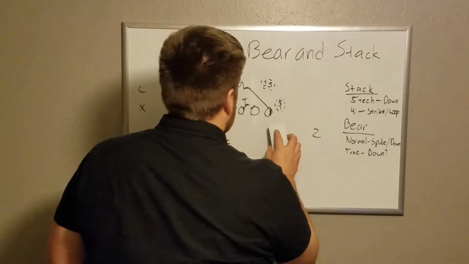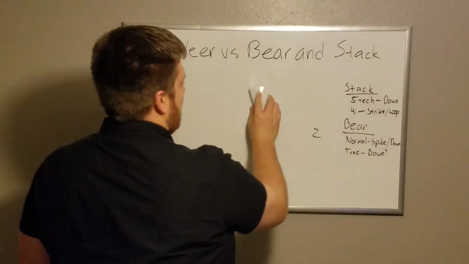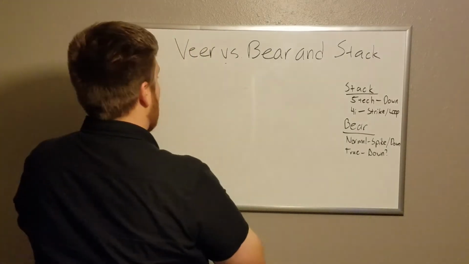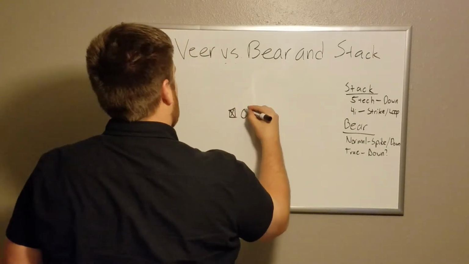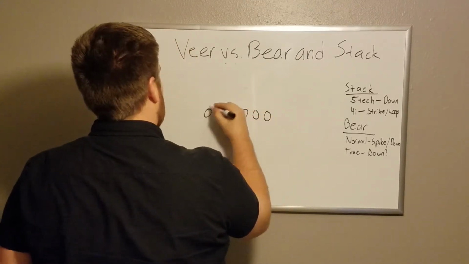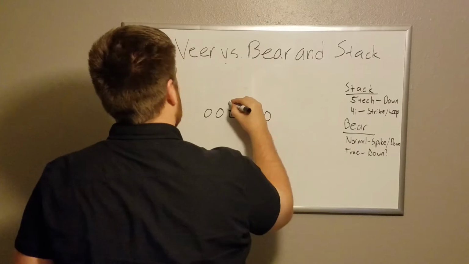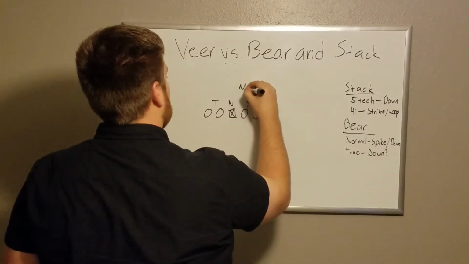Okay, so let's look at real quick how we would potentially attack that true bear defense with the veer. There's obviously some weak side stuff you can try, but it's going to be harder to do spike.